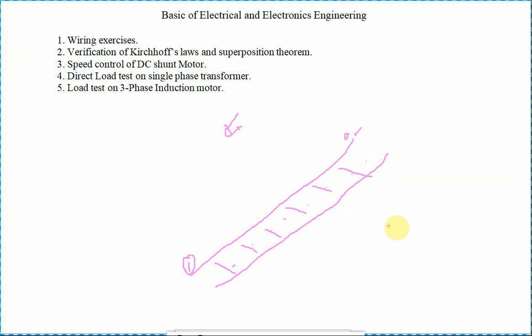Let me give one more example. This is your bedroom, this is your cot, and here is a door. Normally the light switches are placed near the door. Why?